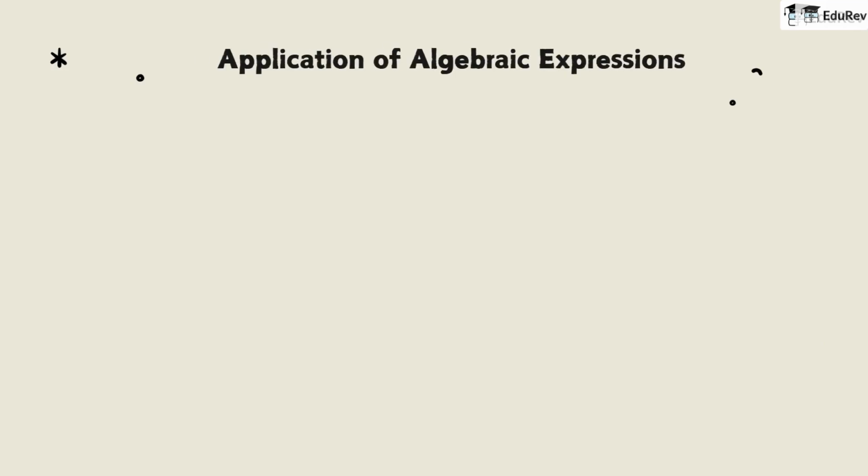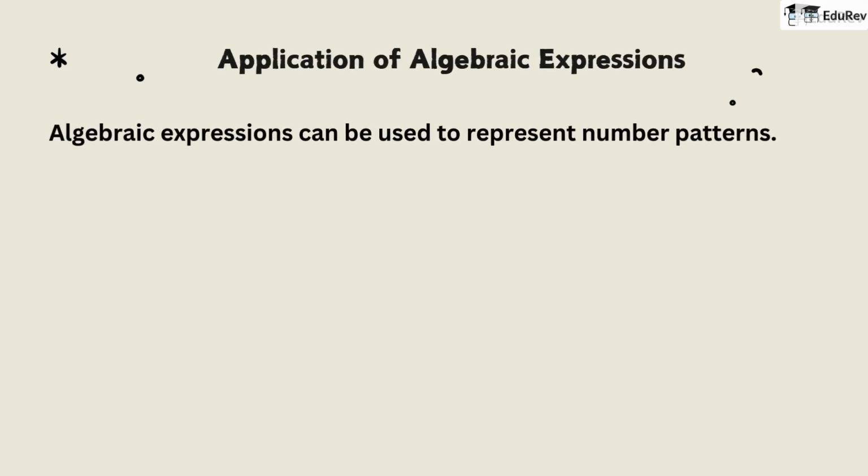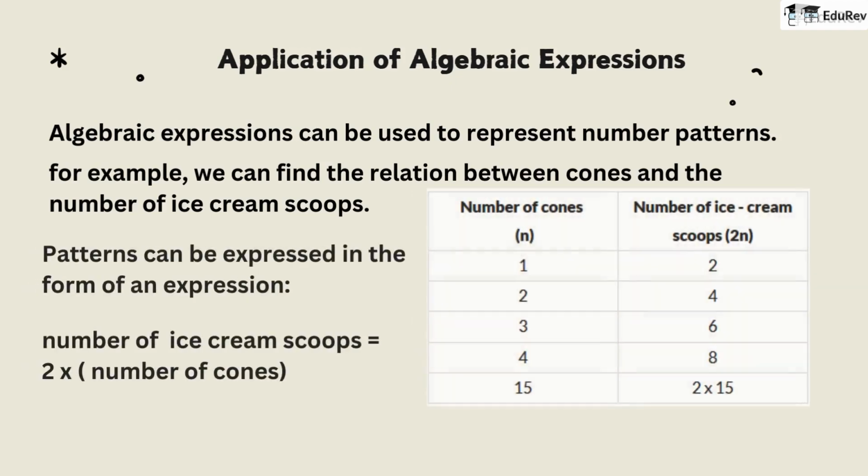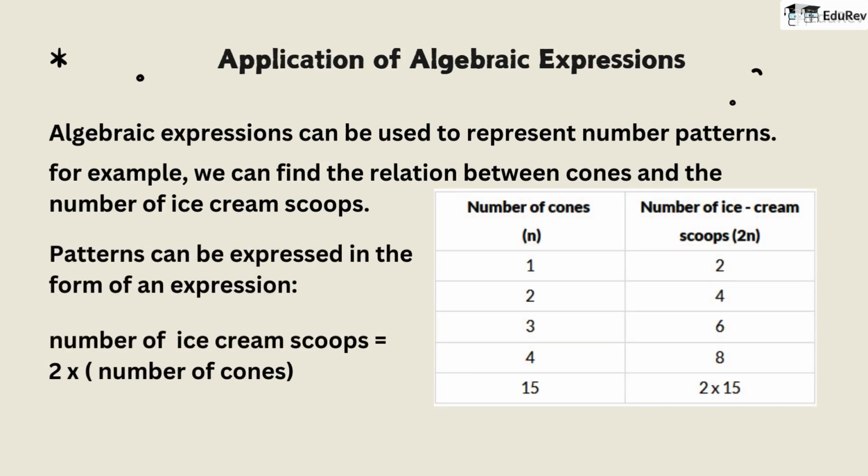Next, let's see the application of algebraic expressions. Algebraic expressions can represent number patterns. For example, we can show the relationship between cones and the number of ice cream scoops. If n represents the number of cones, then 2n represents the number of ice cream scoops.